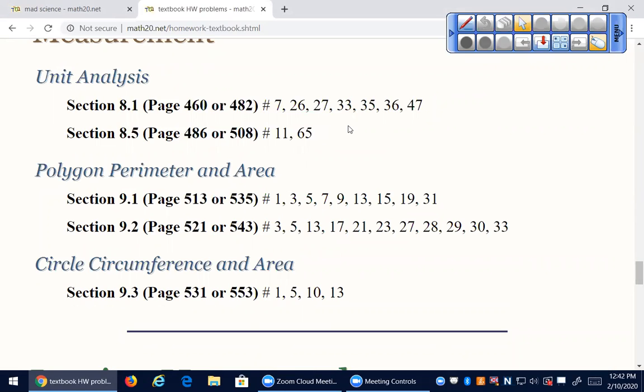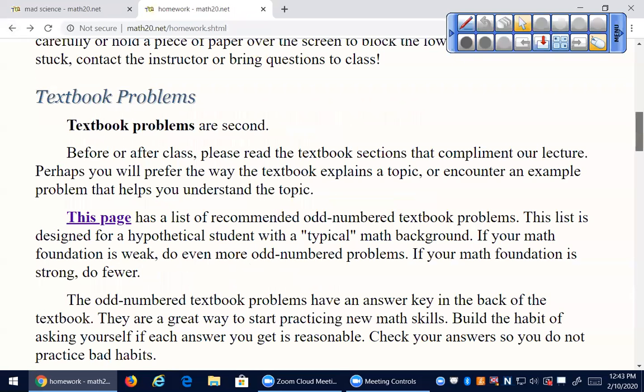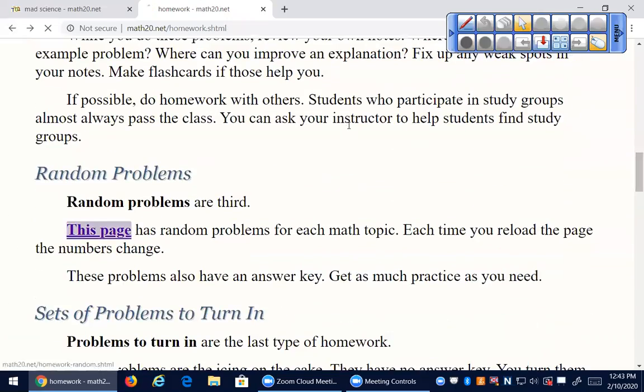So it's sort of like, oh, why did they do this? But you could still practice the unit analysis. This might be a good topic to do the random ones a little more.